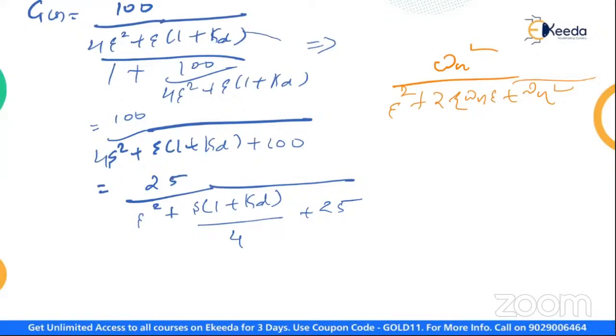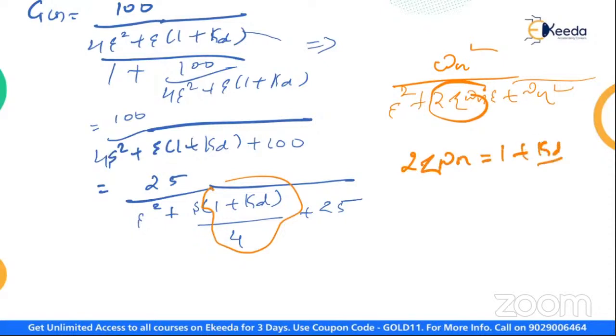Yes. Comparing it with the standard equation, what do you get? You get 2 zeta omega n equal to how much? 1 plus KD by 4, correct? Yes. Now what is zeta omega n? 0.5 into 5. So this is 5. So it is 2 into what? Zeta is 0.5 given, multiplied by omega n.